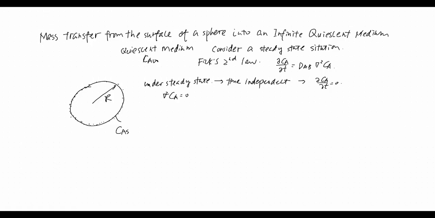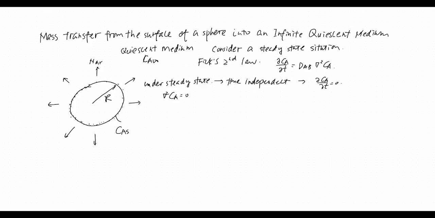Now, due to the spherical symmetry and the radial diffusion, we would express the equation in spherical coordinates with angular symmetry. So we consider diffusion flux which is only radially coming out. There is no direction which relies on any angle. So we have flux along the r direction.